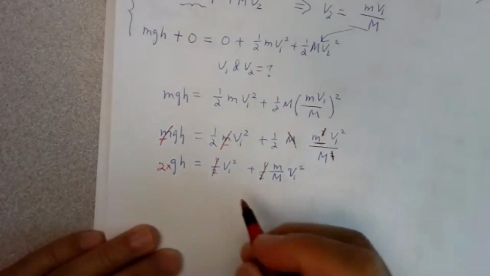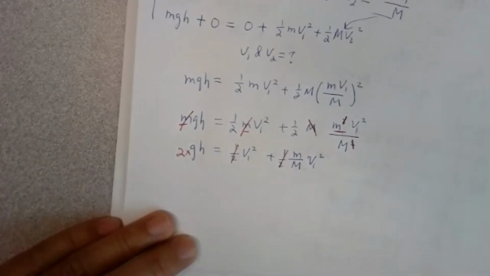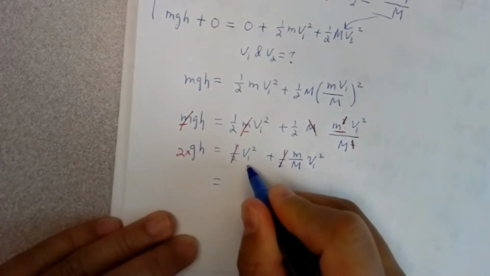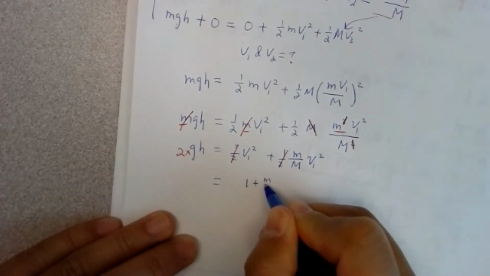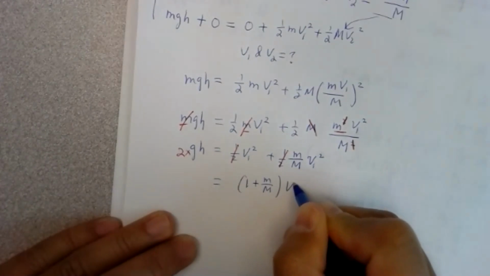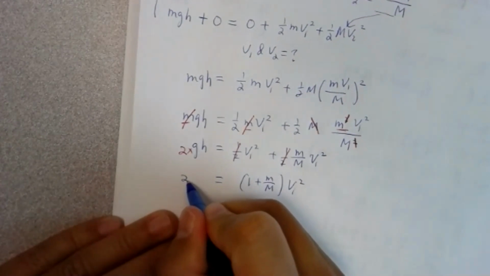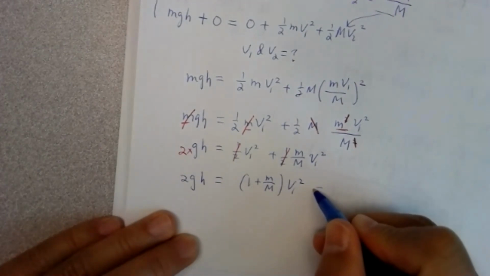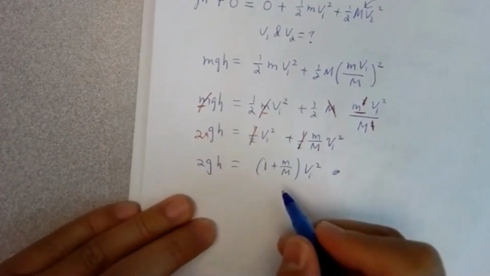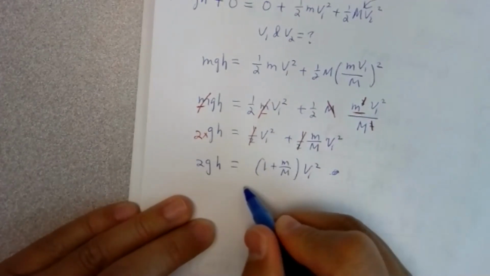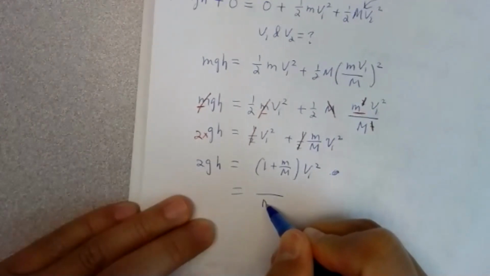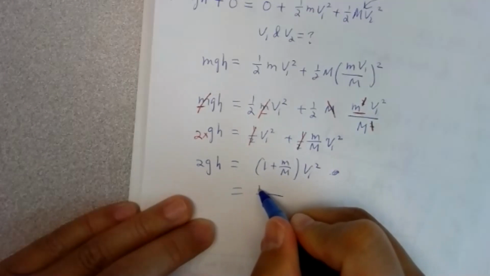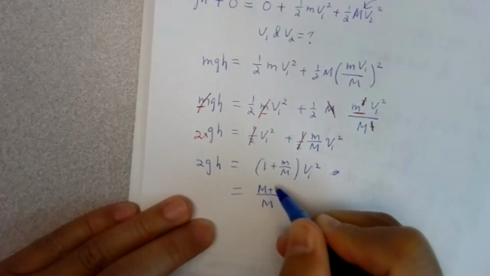Okay, so then on the right hand side is going to be 1 plus small m over capital M times v1 square, equals to 2gh. All right. So then if you rewrite this term, this would be capital M at the bottom, capital M plus small m at the top.